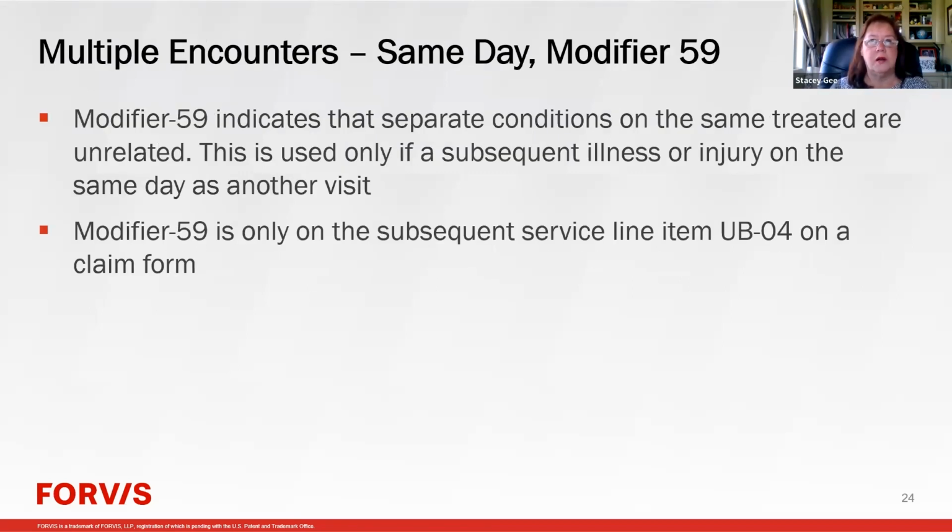Also, having a good understanding of new versus established is important if providers move around from various locations. They may see a patient in clinic A and then travel to clinic B or clinic C to provide services and see that same patient.